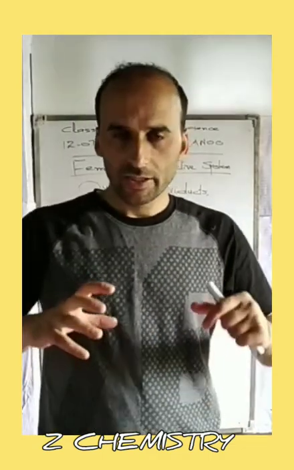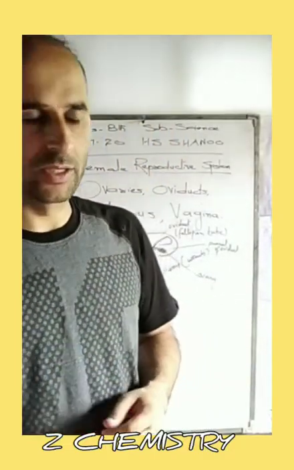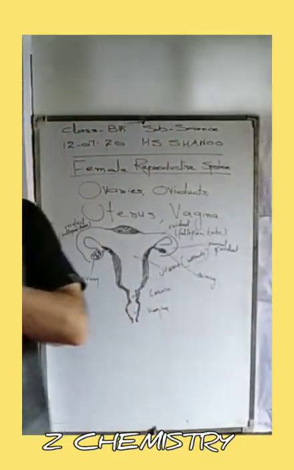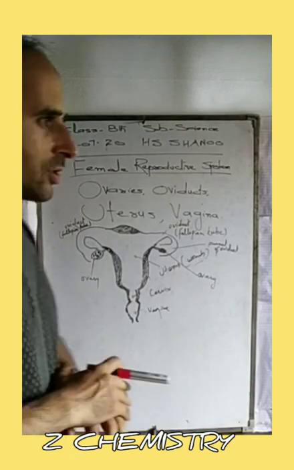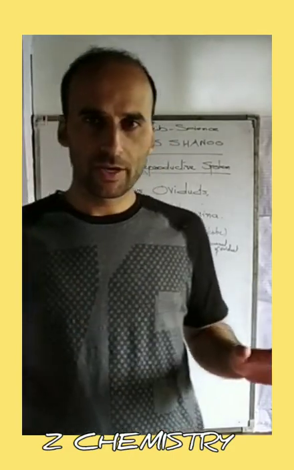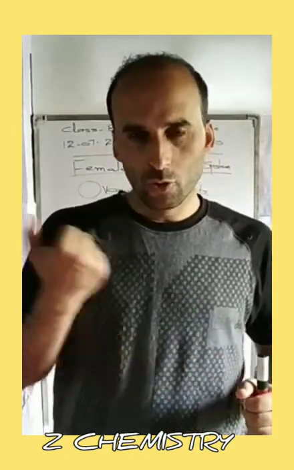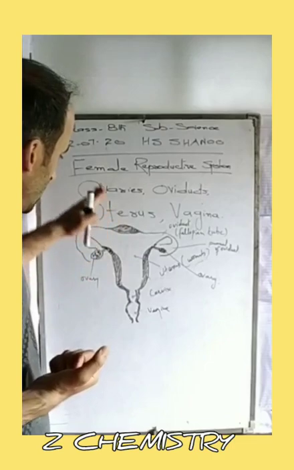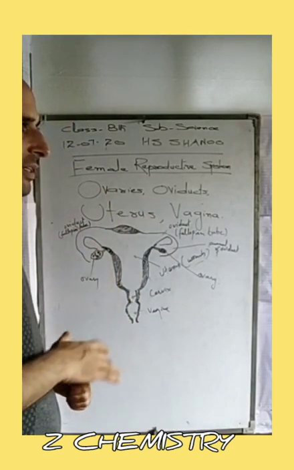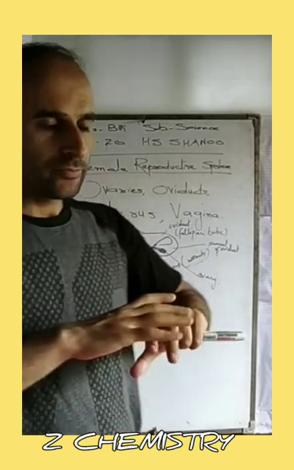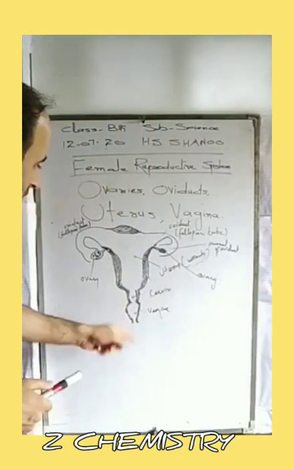Usually there is no contact of this ovum with sperm, and after a period of about one month, the ovum comes out along with certain blood through the vagina.